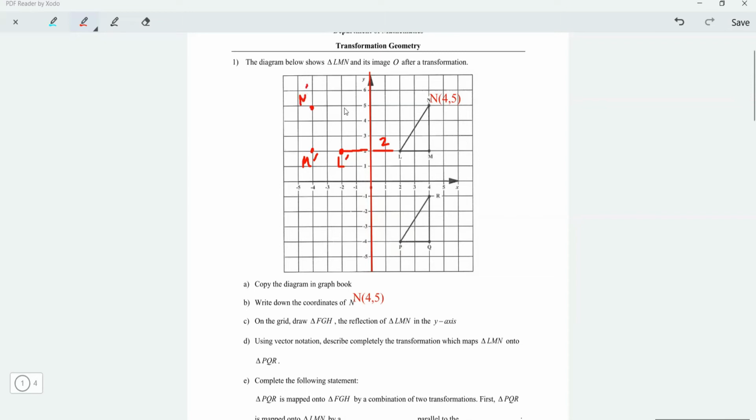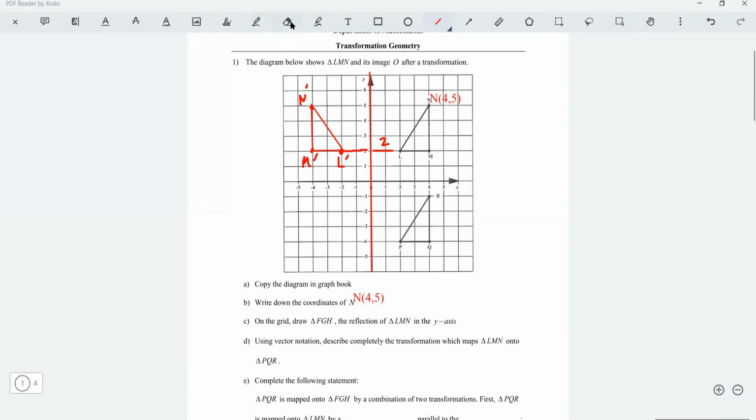That's all reflection is. The image and the object are equidistant from the mirror line. So this is going to be triangle FGH. Don't label it N prime, M prime, L prime.